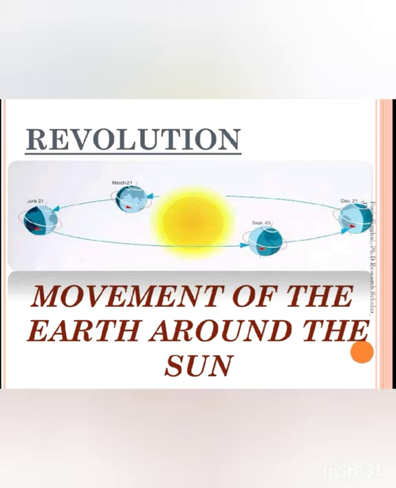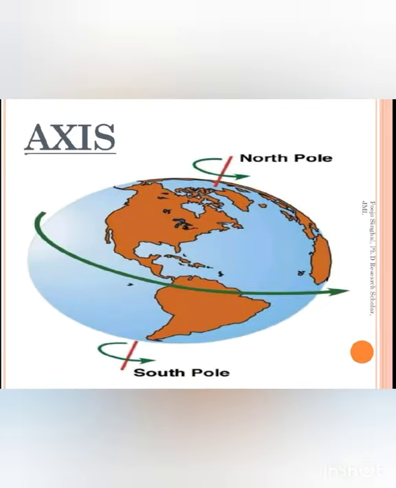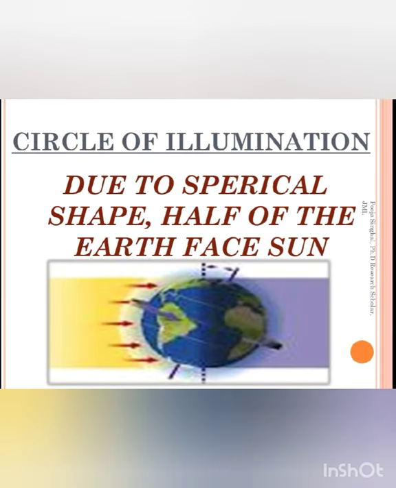Now as you can see, the axis is an imaginary line joining the north pole and south pole through the center of the earth, and that is tilted at the angle of 23 and a half degrees.